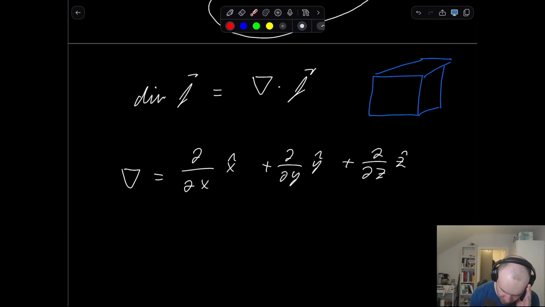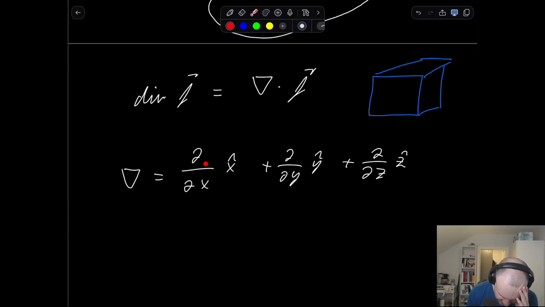If I wanted to know how much of our vector field streamed out of or into that cube, I need to ask for the change in relation, which is a scalar product, in terms of that field and that direction.